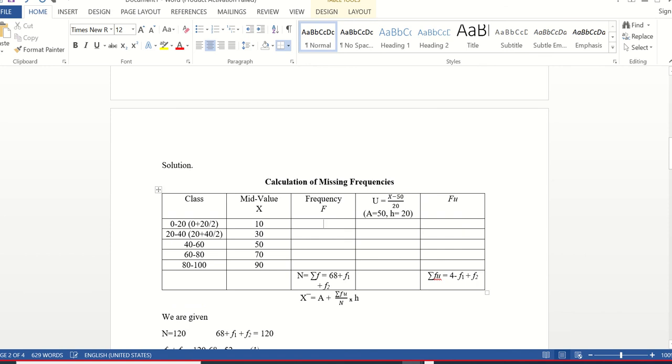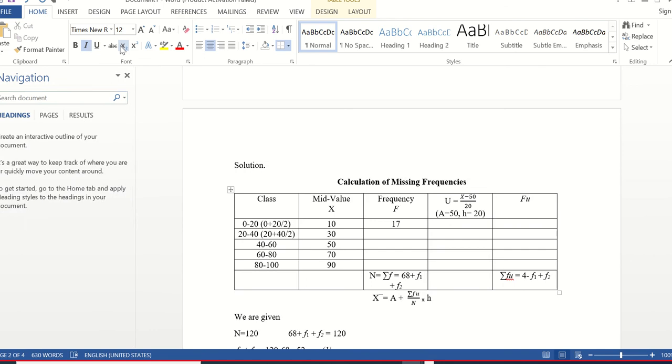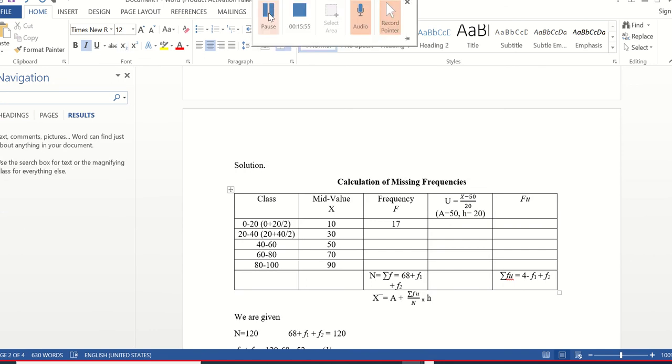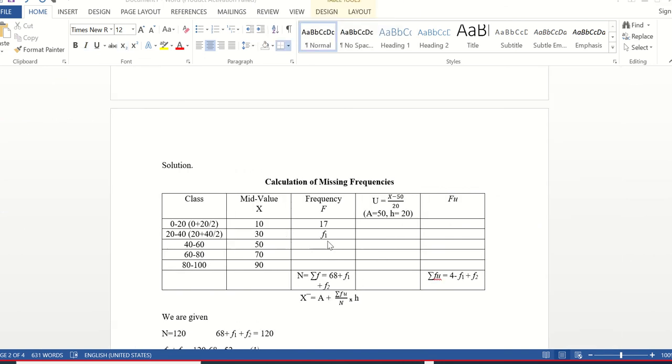This is 17, then we have F1, then the next frequency is 32, which is already given to us in the question.